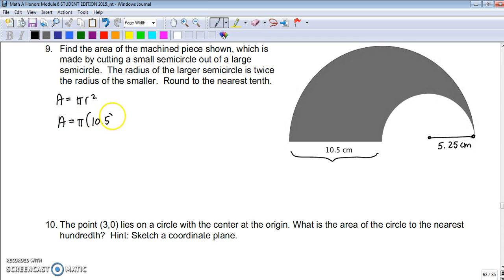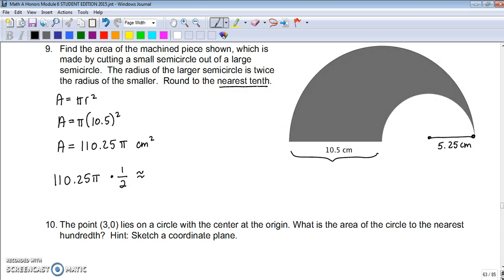And you might already notice that I need to do something in just a second in order to take into account what's going on in the diagram. 10.5 squared is 110.25 pi centimeters squared. Okay, and what I need to do is, it's a semicircle, it's a half circle. So I'm going to do 110.25 pi multiplied by a half, and I'm going to round that to the nearest tenth.